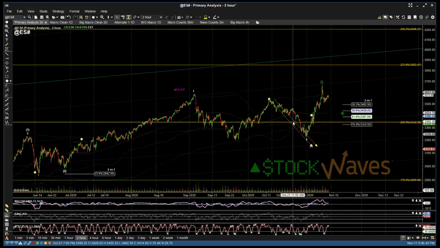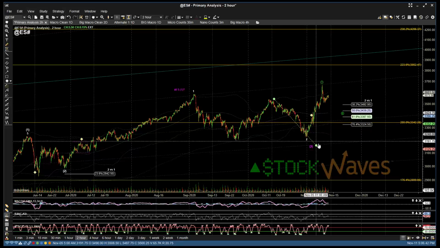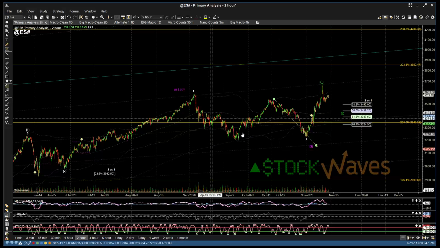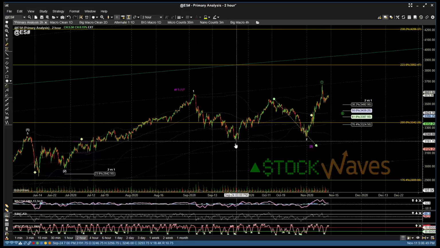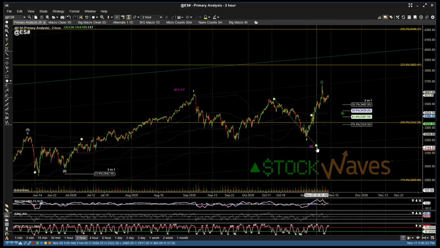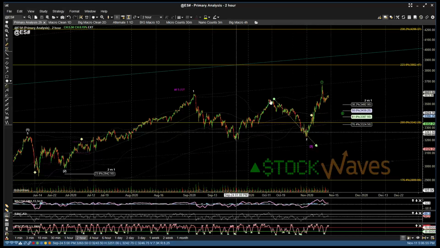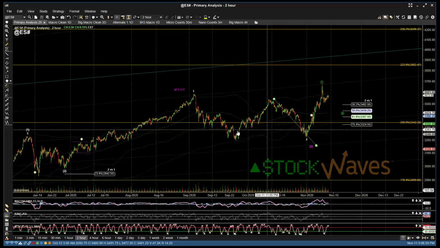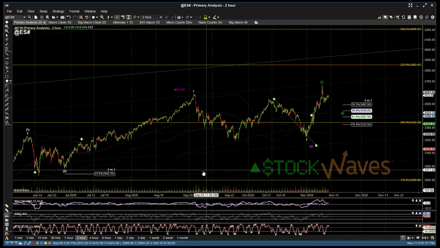So since most of the moves that we look for tend to be a 100% move or more, when you see a clear setup of what looks like a corrective consolidation, then it can set up for that measured move. So those are just a good, quick way of showing where something points to with a good amount of probability.